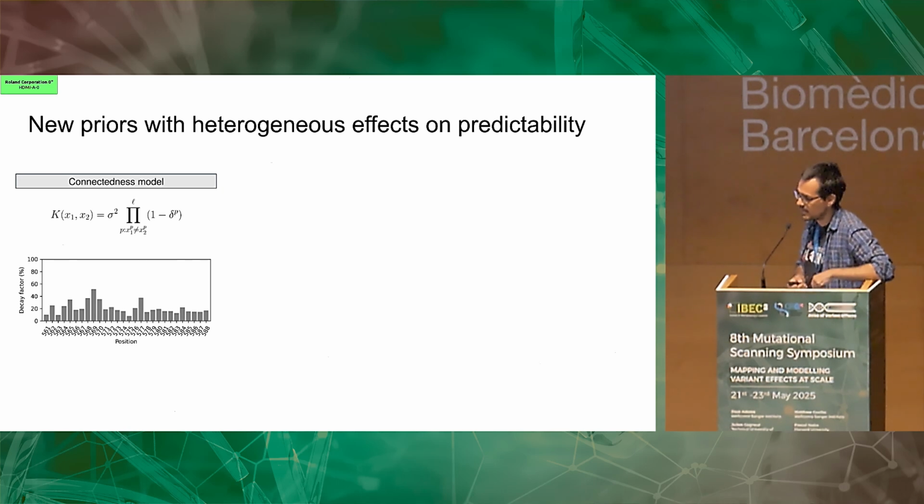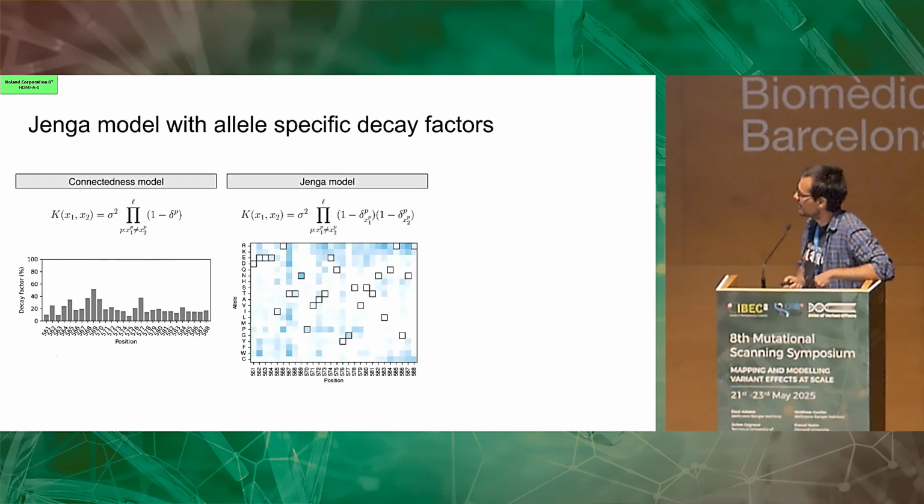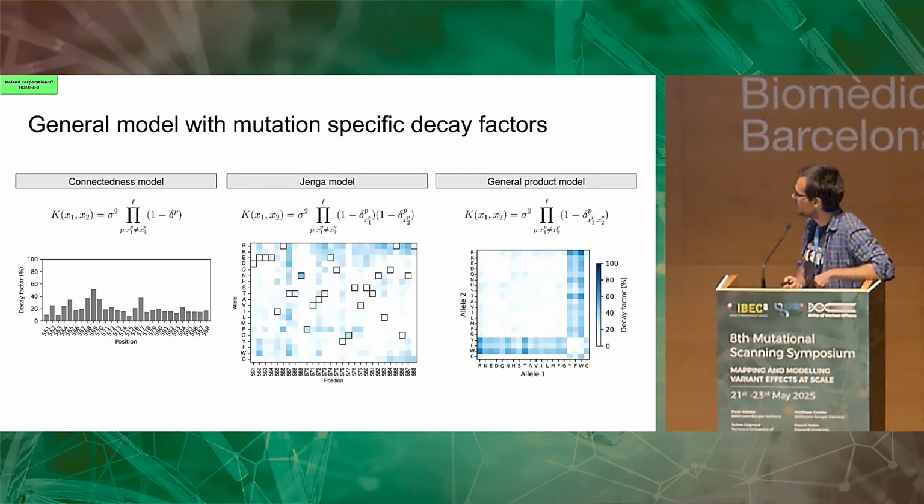And they accumulate the same way discounts in the supermarket accumulate: first you get a 50% discount, and then you get like a 20% discount. In this case, every mutation within a single site has the same effect on predictability, but we can also have allele-specific effects or even mutation-specific effects. So we would have one of these heat maps for every position.